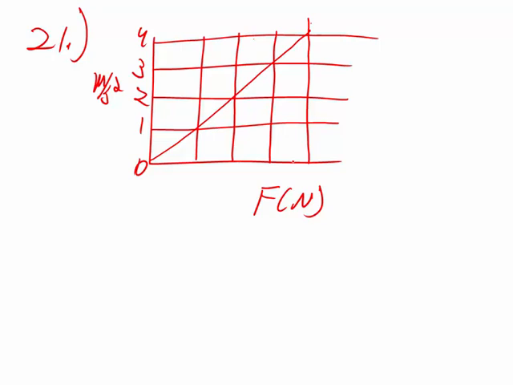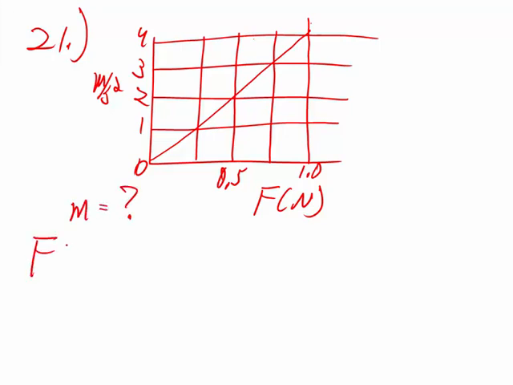So we got 0.5, and then we got 1. It tells us, what is the object's mass? So we want to know the mass of the object.